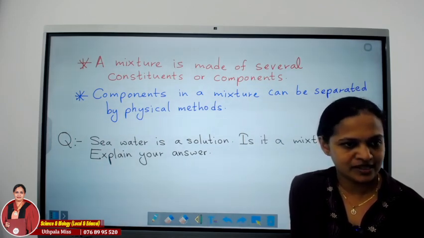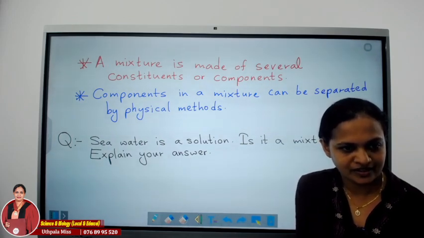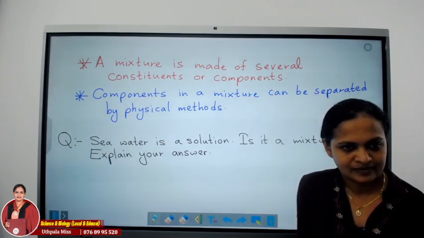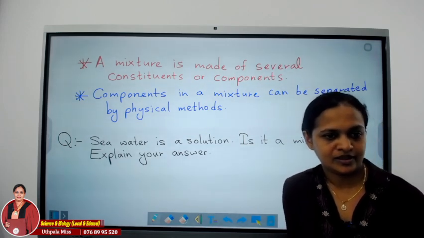Sadisha? Yes, seawater is a mixture because it contains dissolved salts, minerals, and more in the water. Shamla, what do you say? Teacher, I wrote, yes, seawater contains different components that can be separated, and a solution is a type of mixture. Right.